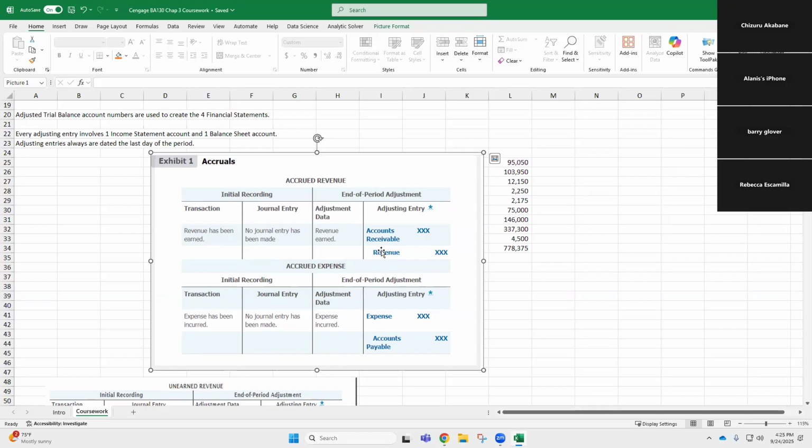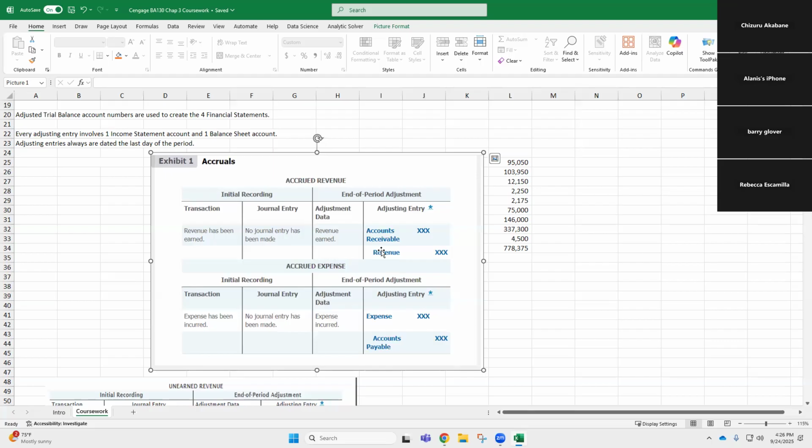And we can prove it with this one, because AR is on the balance sheet, it's an asset. Revenue is on the income statement. So there's our very first one, and we'll be looking for that one.